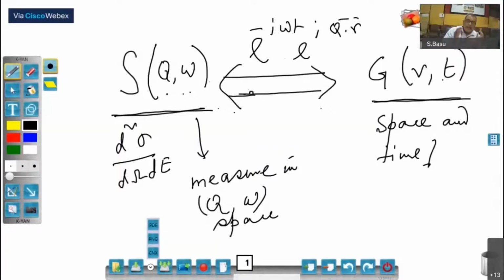Then this e to the power E lambda prime t and E lambda t, I took inside the averaging over lambda prime lambda, and I showed you that this becomes e to the power minus i H t by h cross into a function e to the power i q dot rj, e to the power i H t by h cross, lambda. And the central part gives the time evolution of the operator rj. After that, I defined S of q omega, I defined g of rt, and I showed you that S of q omega is basically what is measured. I'll again go back.